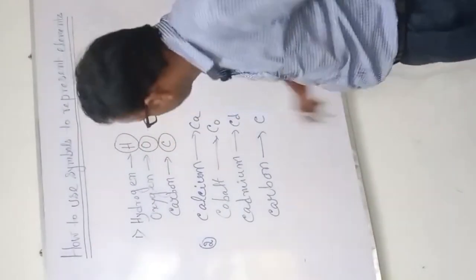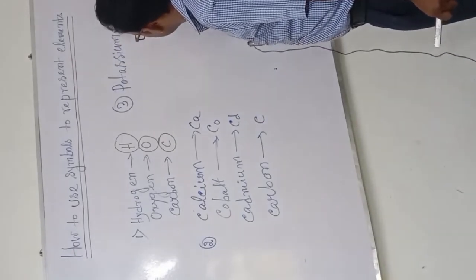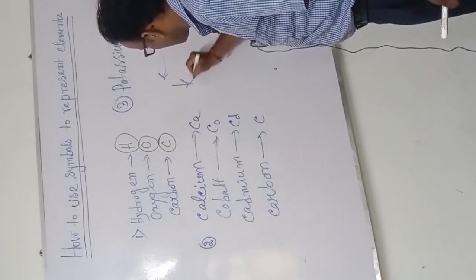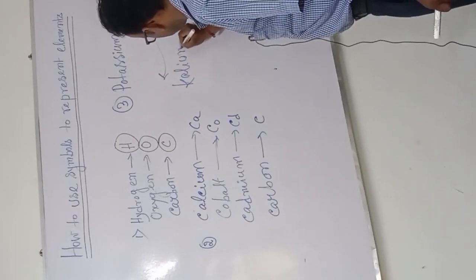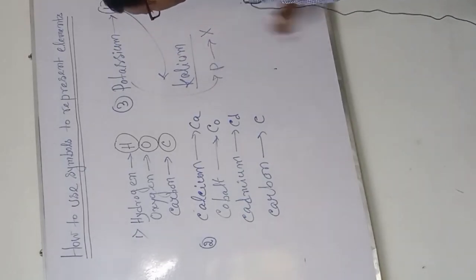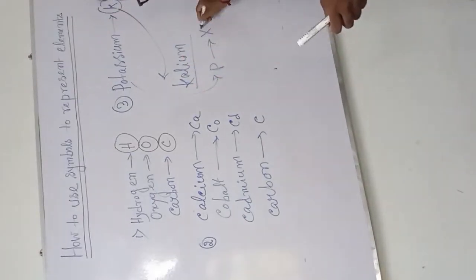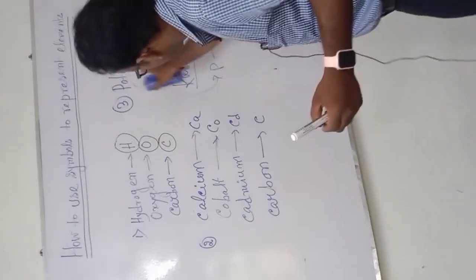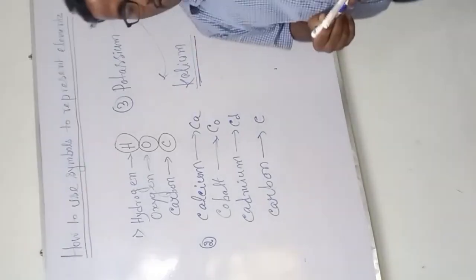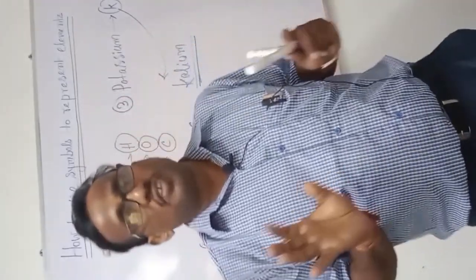For example, potassium is K, from Kalium, but K is not used for phosphorus. Phosphorus is denoted by the symbol P, not the Latin name Kalium. And for other elements, some are shown by other symbols.